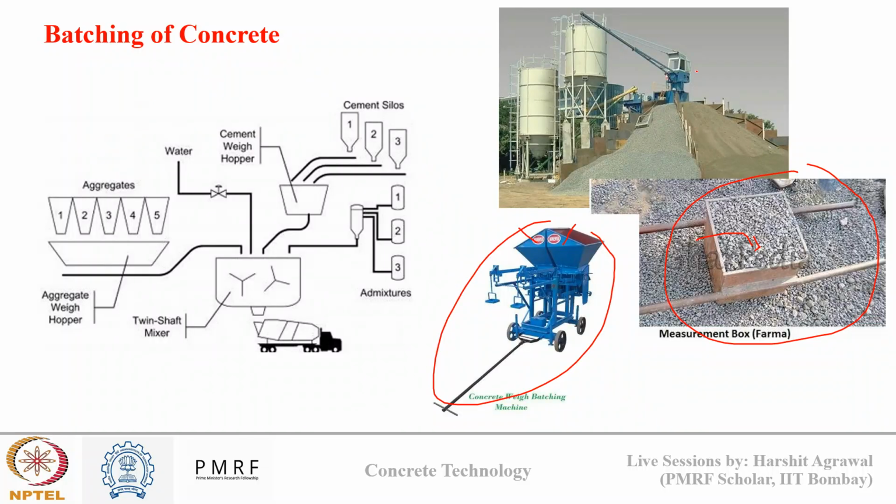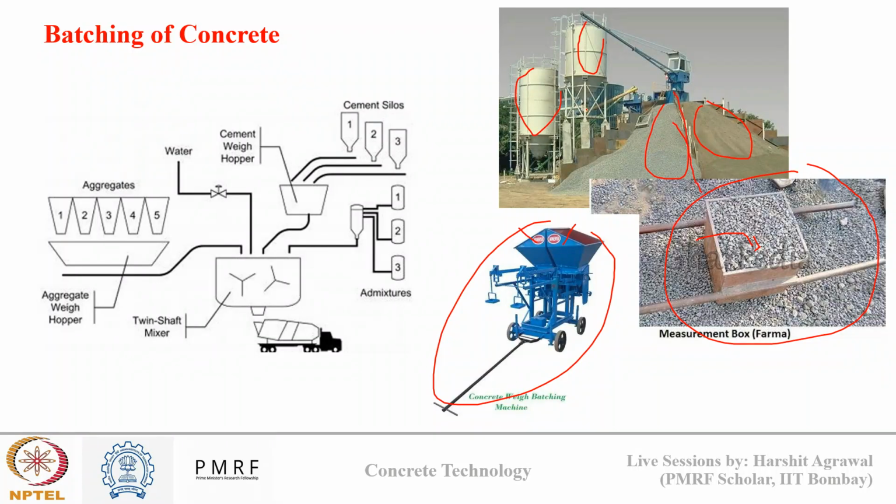In the top image you can see a batching plant on site. So there are different big cylindrical silos that you can see. These silos store the cement and other admixtures like fly ash and slag. Then there are quarries also, which store the aggregates of different sizes, separated by walls.